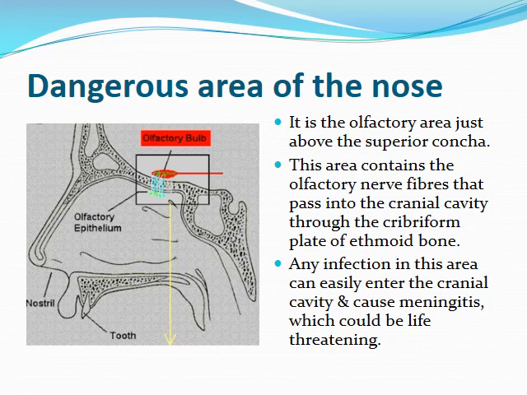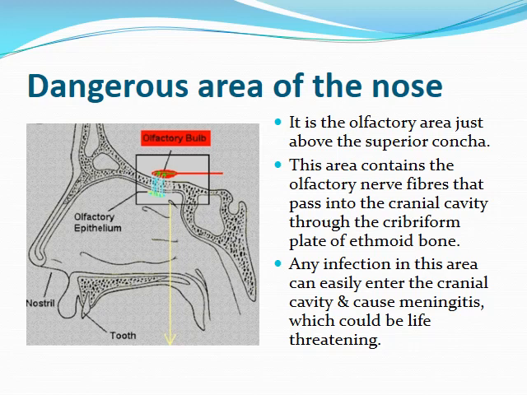Now, which is a dangerous area of the nose? You have to know that. It is the area just above the superior concha. That means this is the sphenoethmoidal recess area, which is lined by the olfactory mucous membrane. Why is this called the dangerous area of the nose?